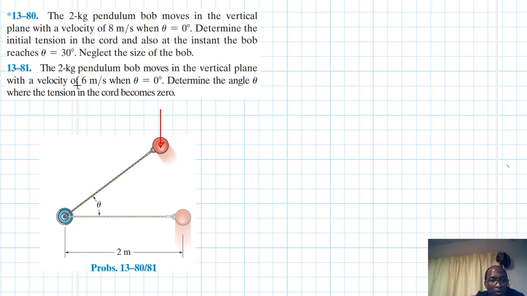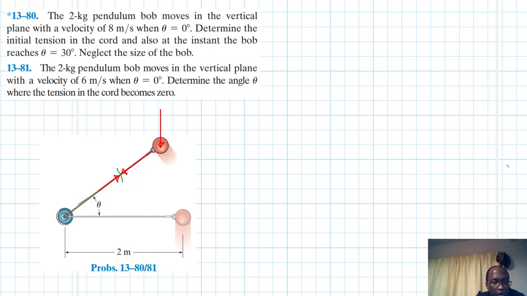And then when we section this, let's say there, we are going to have the tension, like so.